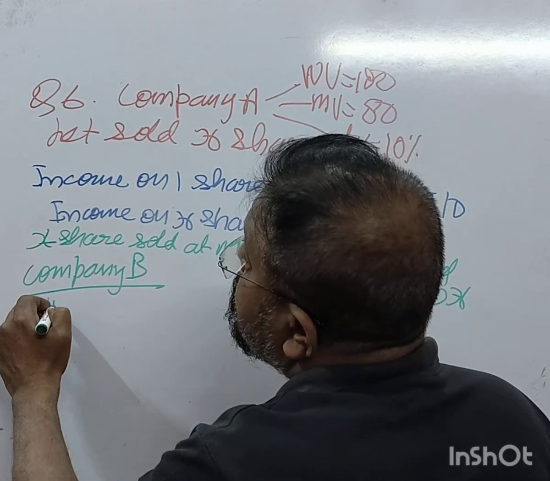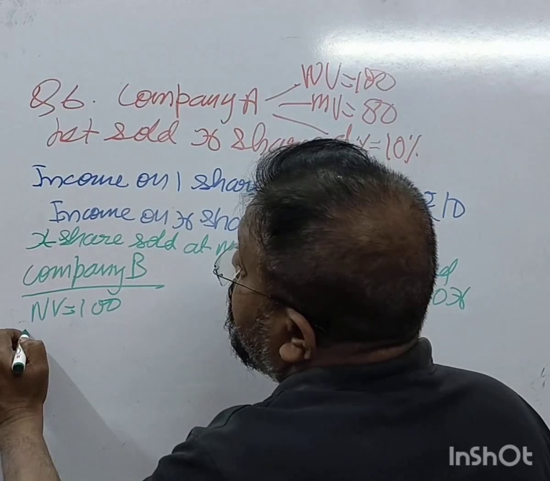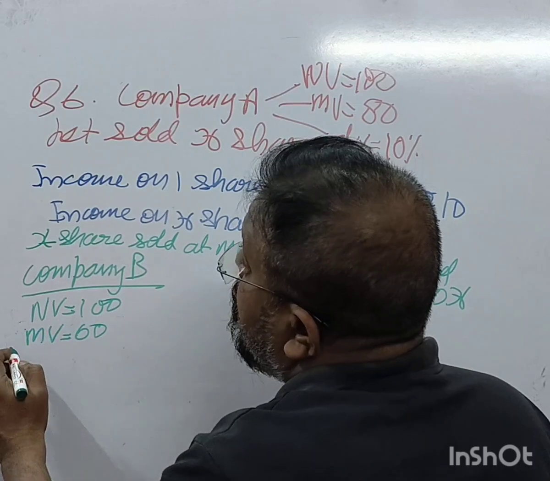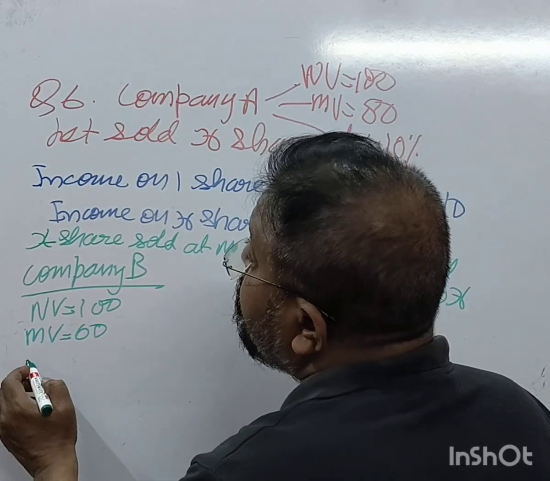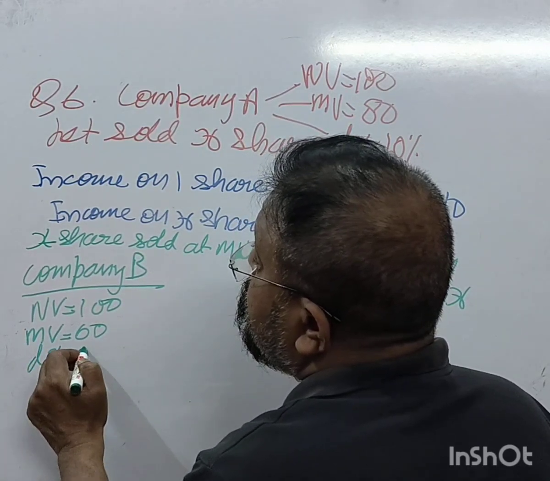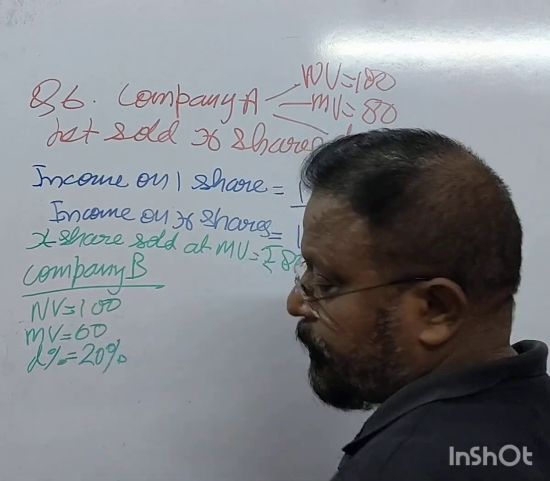NV is 100, MV is 60, and dividend percent is 20%, right?